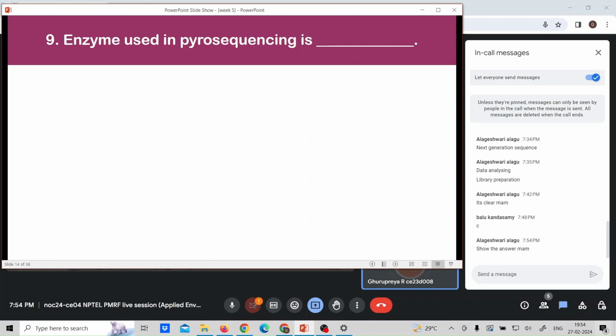Okay, that was kind of a trivia question. The key enzyme used in pyrosequencing. Have you heard about pyrosequencing?